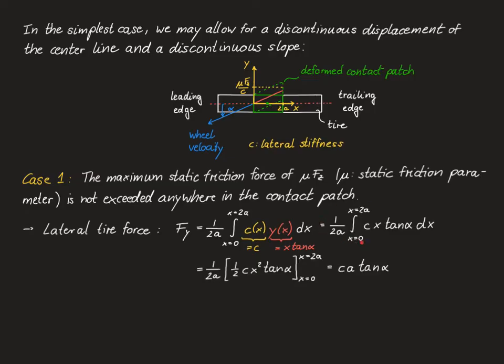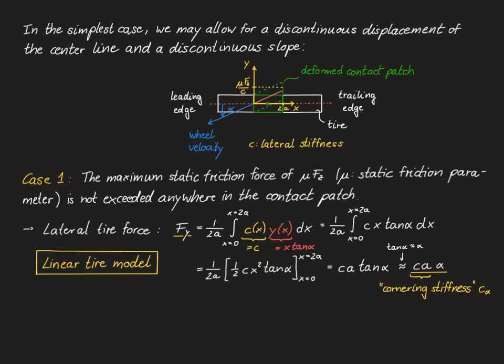So we get this expression, and if we perform the integration, we get the result C a tangent of alpha. Or with the approximation of tangent of alpha equal to alpha for small angles alpha, we get the lateral tire force is approximately equal to C a times alpha.